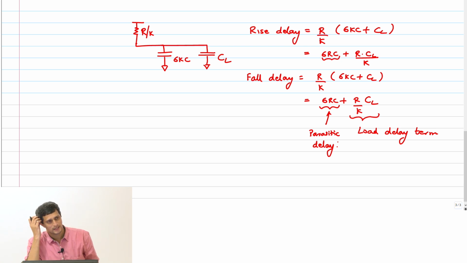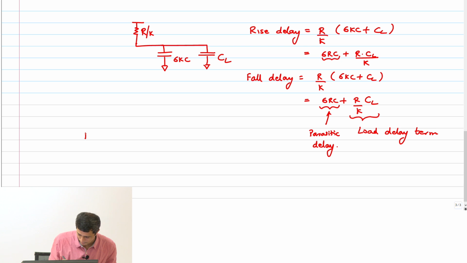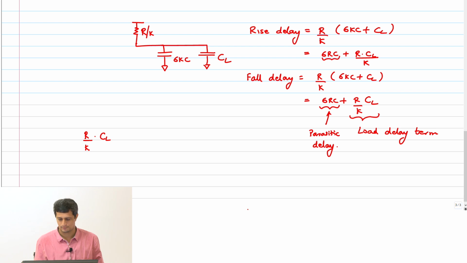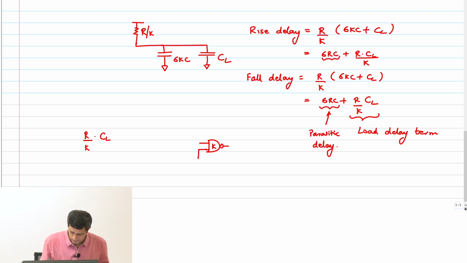But it's not that we are done with the delay partition. We can partition this even further and get many more insights into the delay of a logic gate in general, okay. So let us look at this term, R by k into CL. What is k? So this is my upsized gate and this had a capacitance of 4kC.